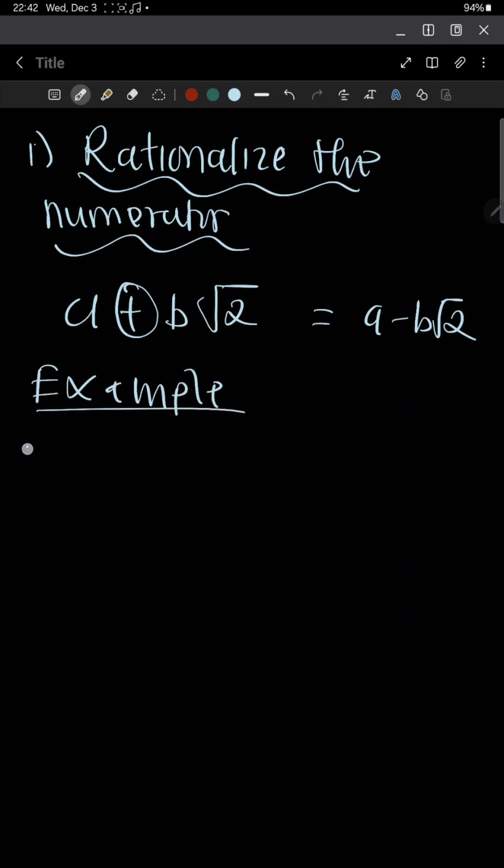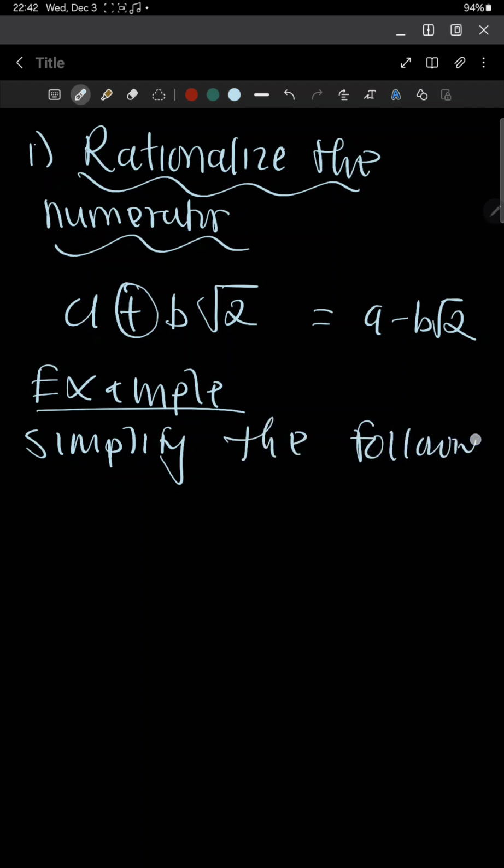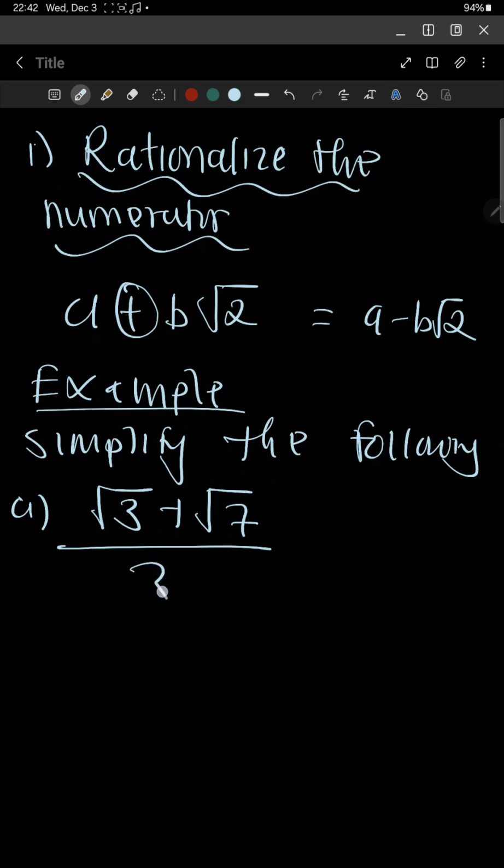If they ask you to find or rationalize, since we are talking about rationalizing the numerator, this is our first example. Simplify the following. So we have, this is our a, square root of 3 plus square root of 7 divided by 3.